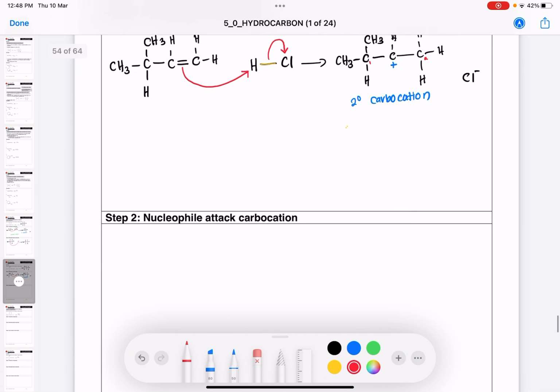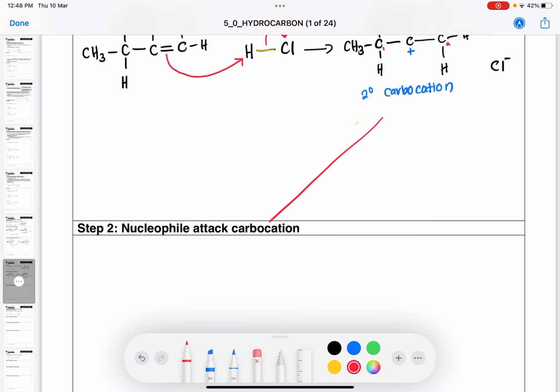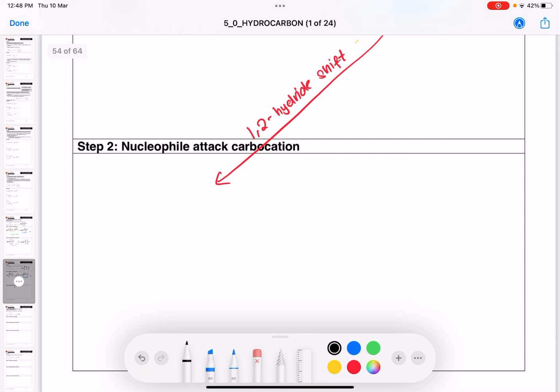So we make what we call a 1,2 hydride shift, and we are going to get this structure. Okay, so the shifting happens, the rearrangement happens, and now for the final step, the chloride ion will attack the positive side.